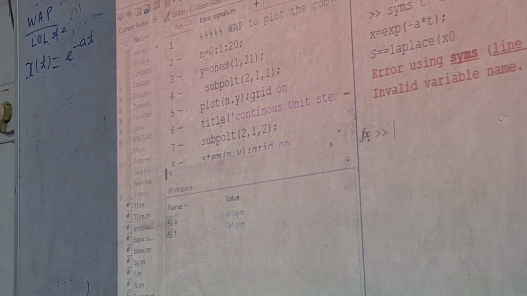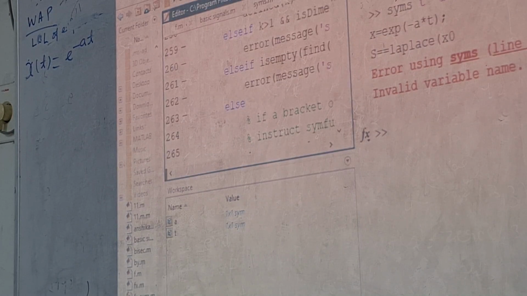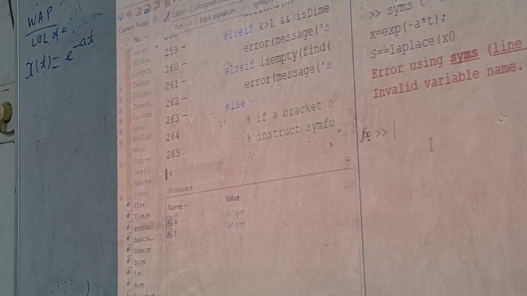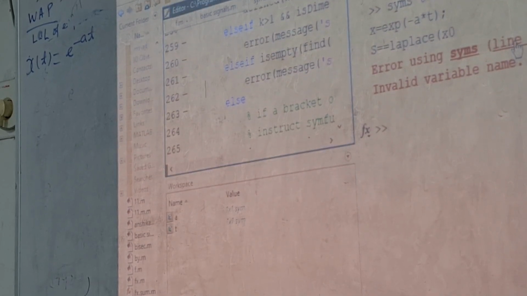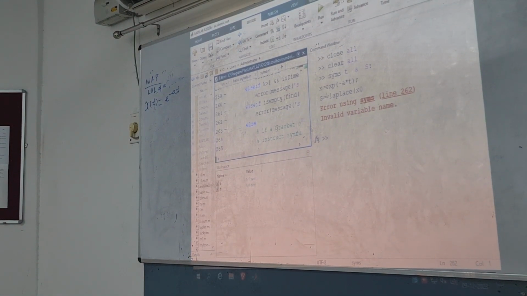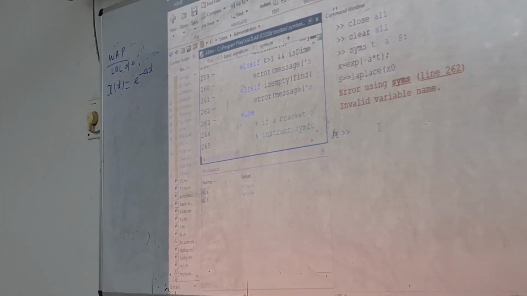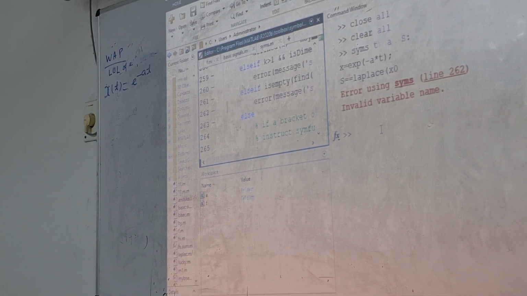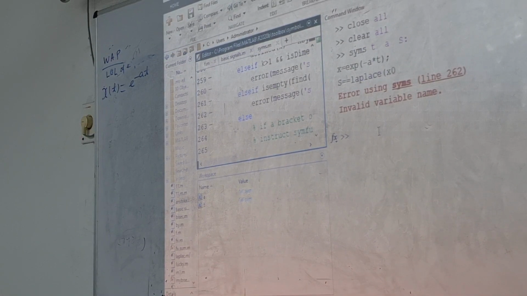Here the symbolic toolbox is missing, that's why this error occurs.